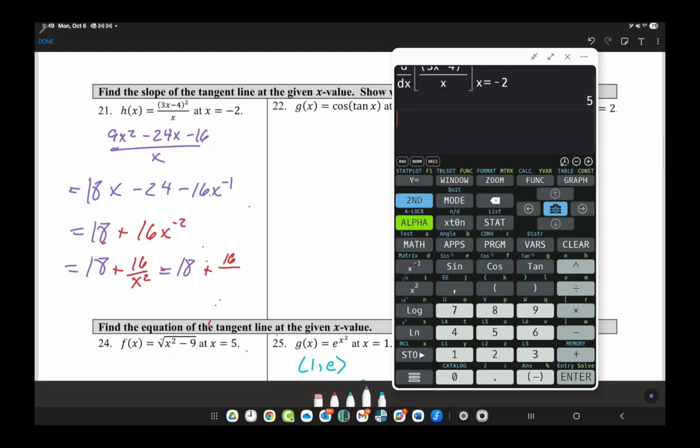So how do we do it that way? Because I'm confused. You made it easier for us. Oh, that's because it's plus 16 here, which will make that minus 16.